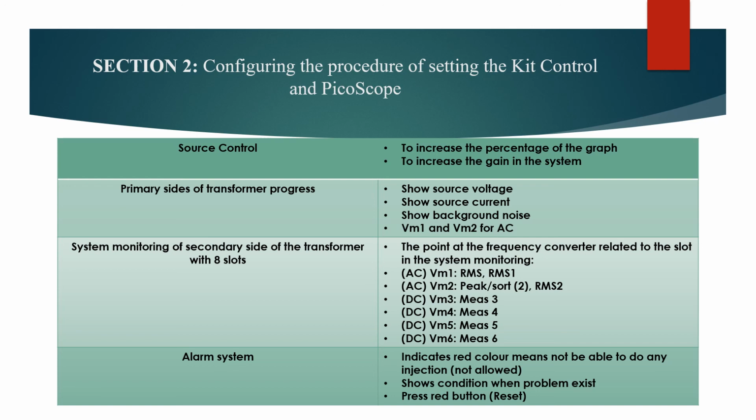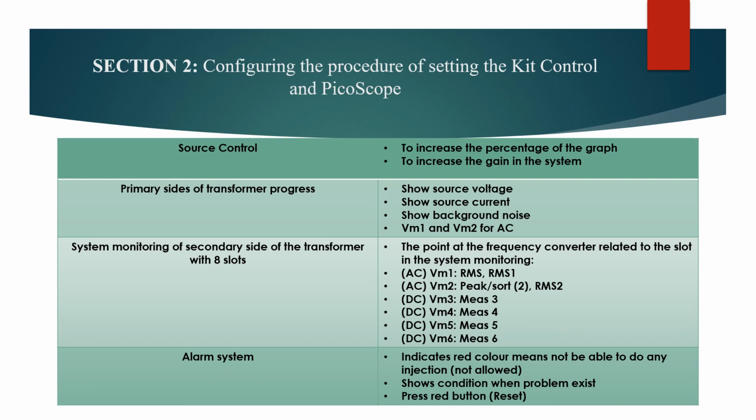Then, system monitoring of the secondary side of the transformer with 8 slots. The points at the frequency converter are related to the slots in the system monitoring. Then lastly, the alarm system. When the alarm system indicates red, it means we are not able to do any injection.